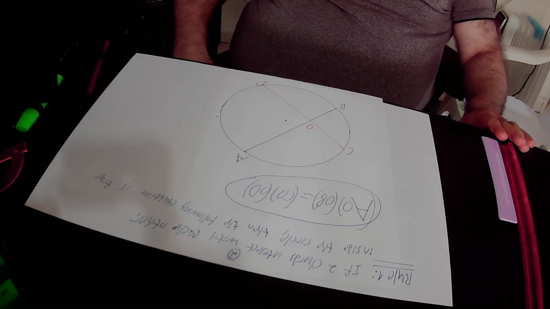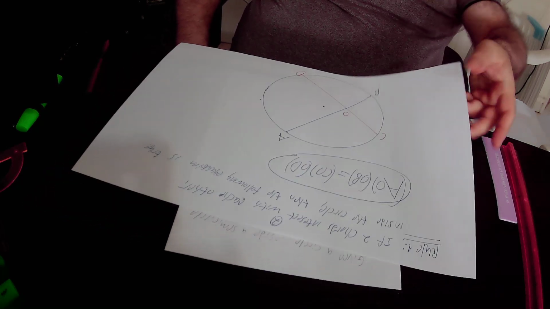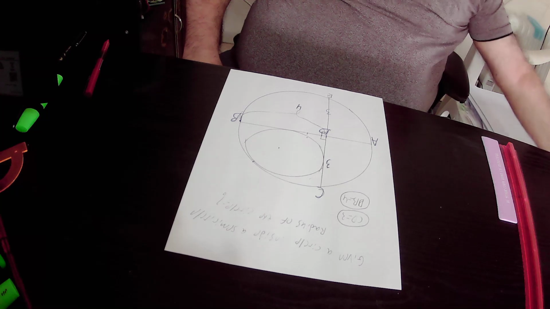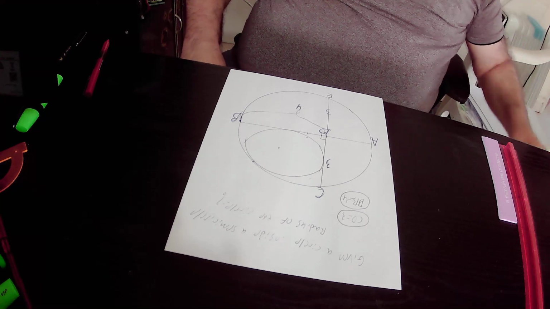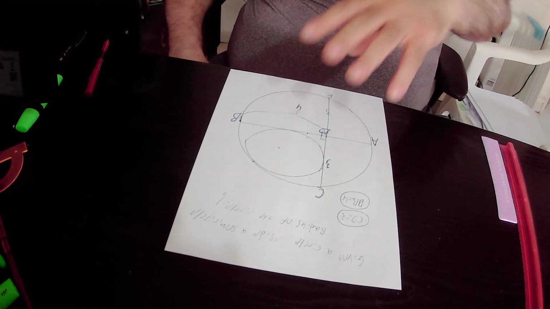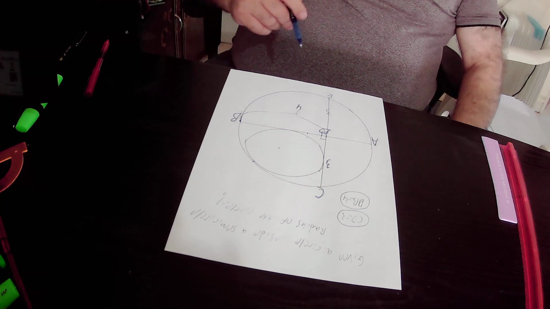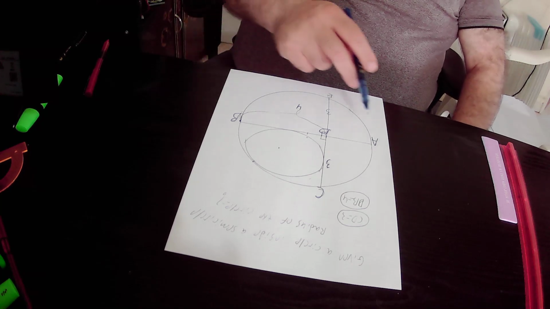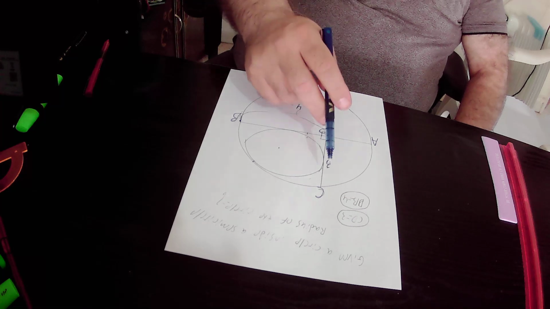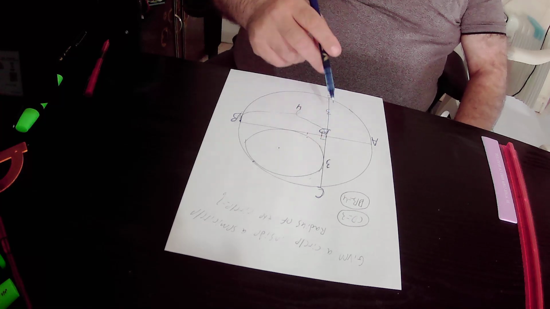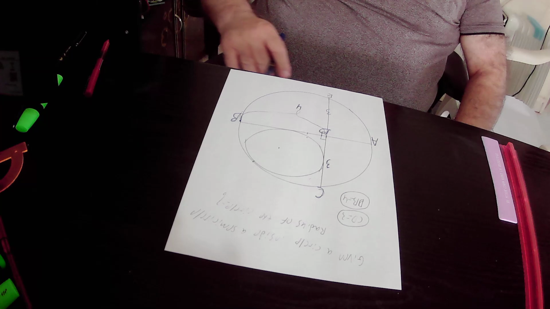So we can implement rule number 1 in our drawing, because in our drawing we have this circle, and inside the big circle we have chord AB. This is chord AB that intersects with this chord CE at point D. So I write it down.